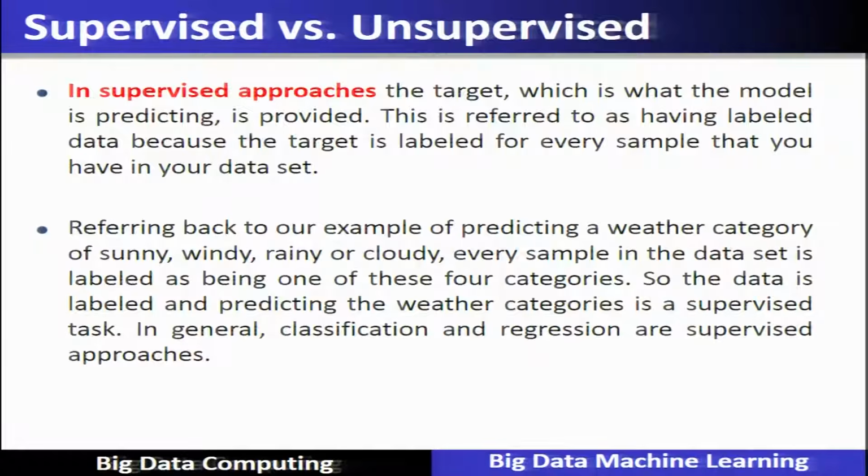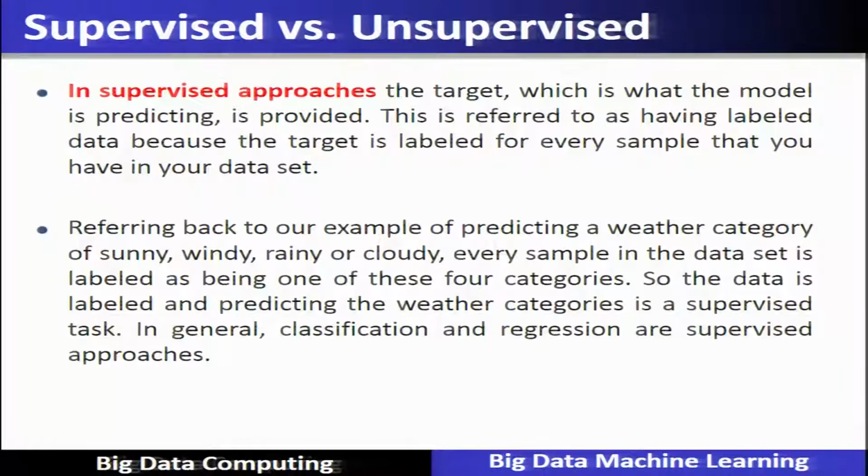In supervised approaches, the target, which is what the model is predicting, is provided. This is referred to as having data with a label, because the target is labeled for every sample given in the data set.